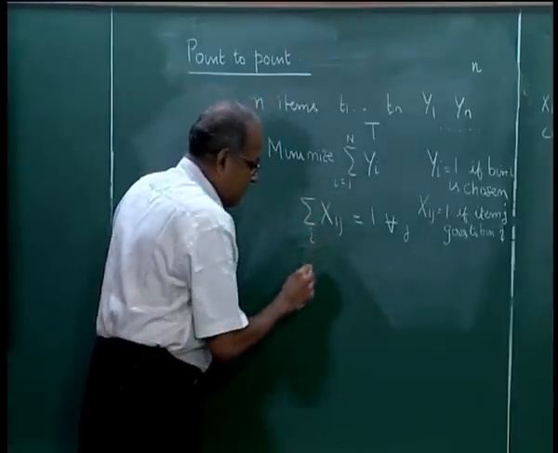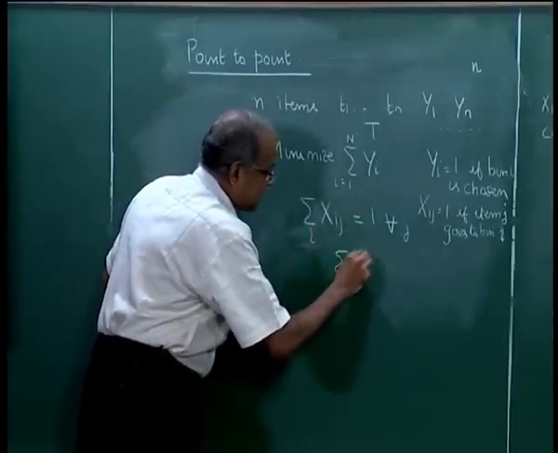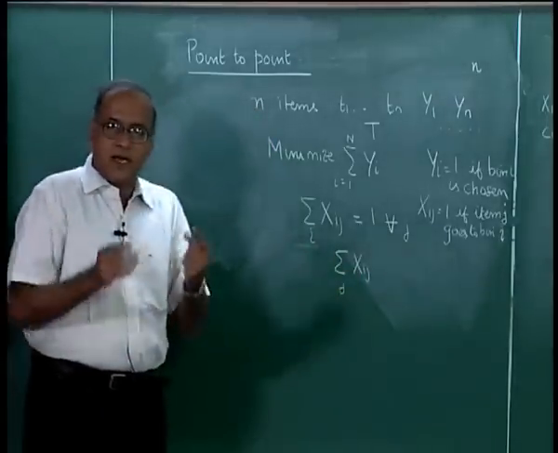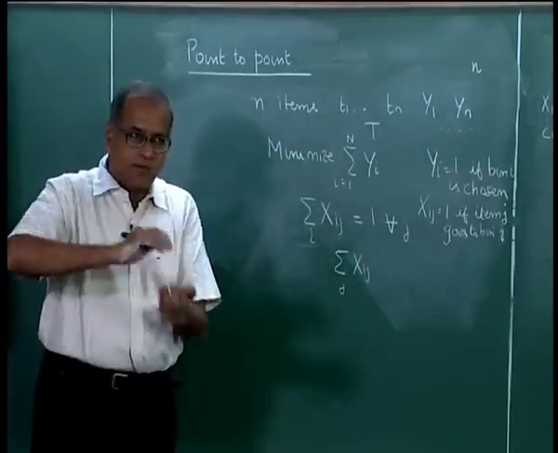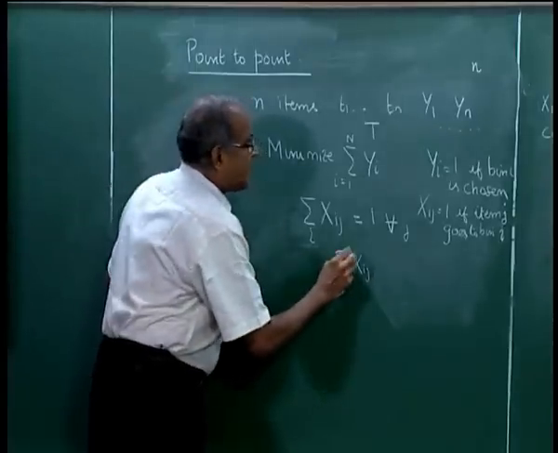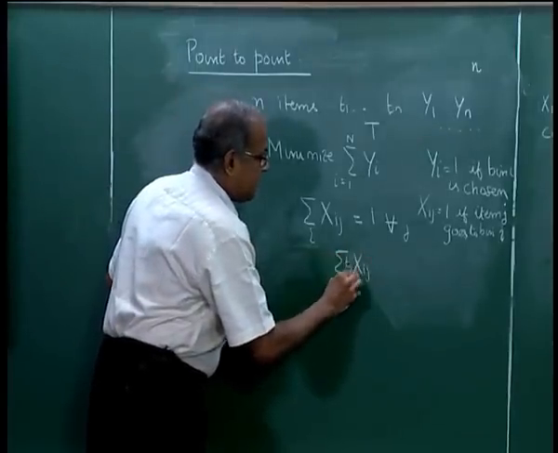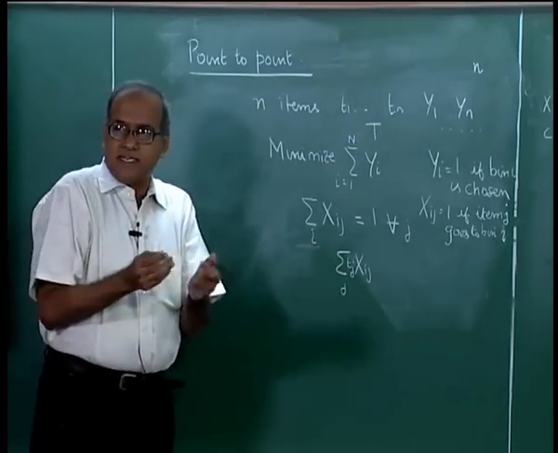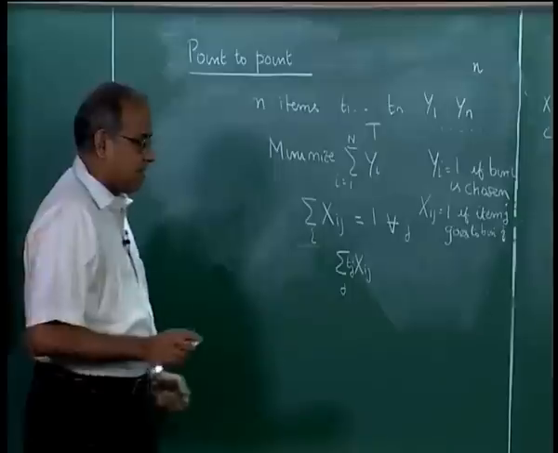Now, as far as the bin is concerned, sigma xij summed over j, they are the items that go to a particular bin, and tj now is the length of the jth item. So, tj xij is the length associated with this bin.